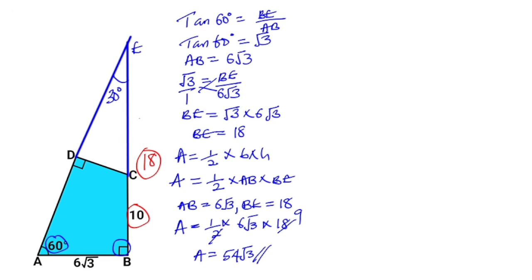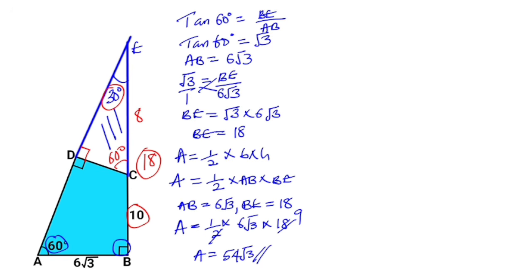Therefore, CE is equal to 18 minus 10, which is equal to 8. Now, look closely at triangle CDE. Since angle ADC is equal to 90 degrees, angle CDE must also be 90 degrees, because the sum of angles on a straight line is equal to 180 degrees. And the top angle is still 30 degrees. Therefore, triangle CDE is another 30-60-90 triangle.